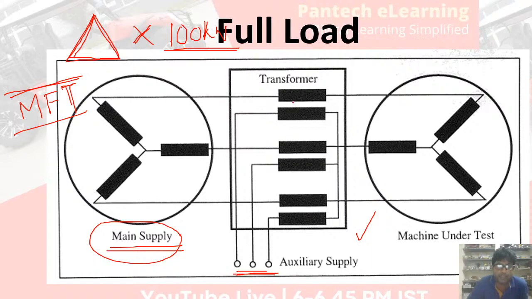So what will happen, basically we are going towards some short. Even though the shaft is not connected to the load, the winding will draw the rated current. In this way we can simulate the full load test.